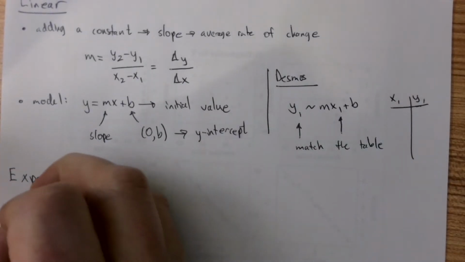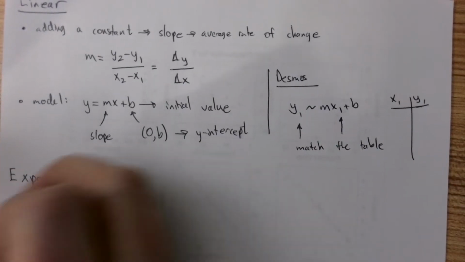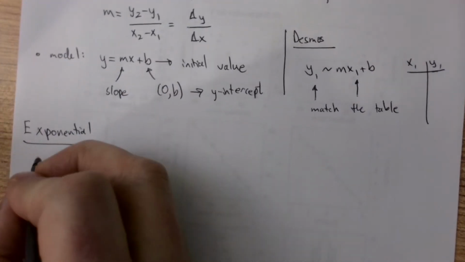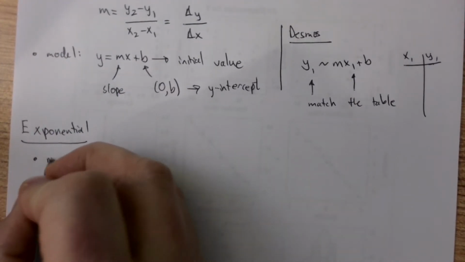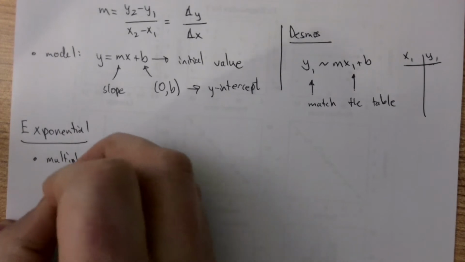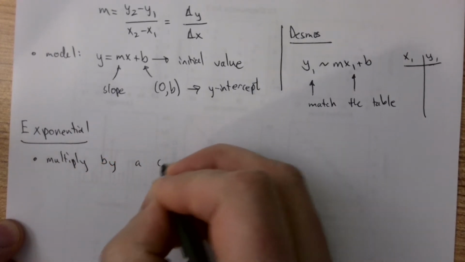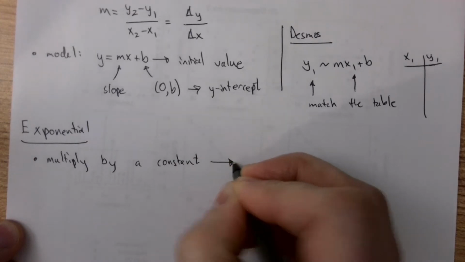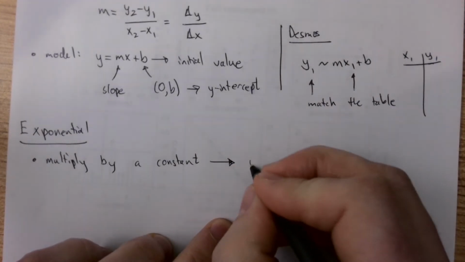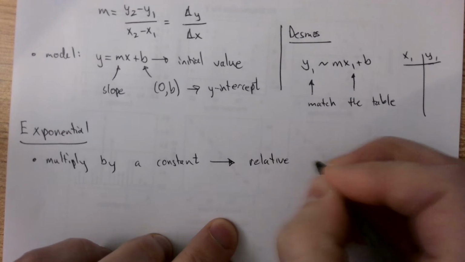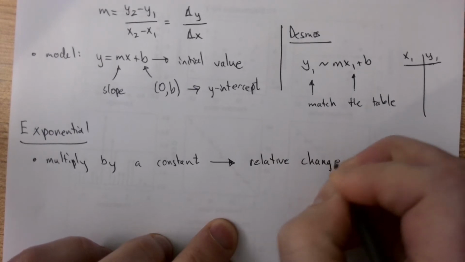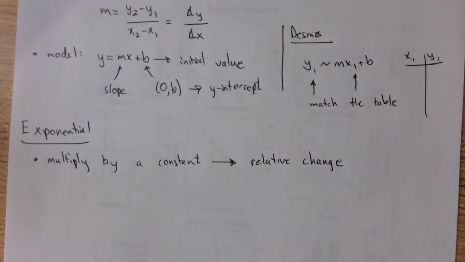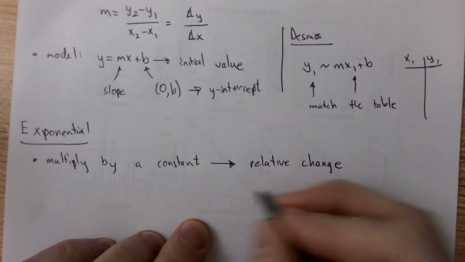So then for exponential, we know that this is multiplied by a constant. And that constant that we're multiplying by turned out to be related to the relative change, okay?